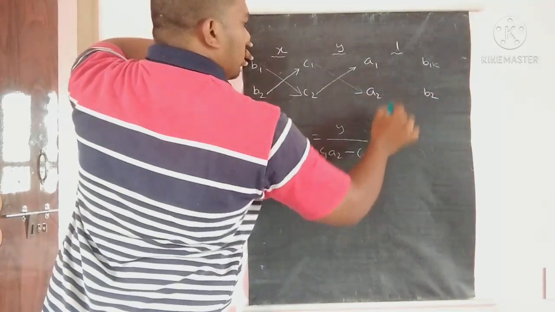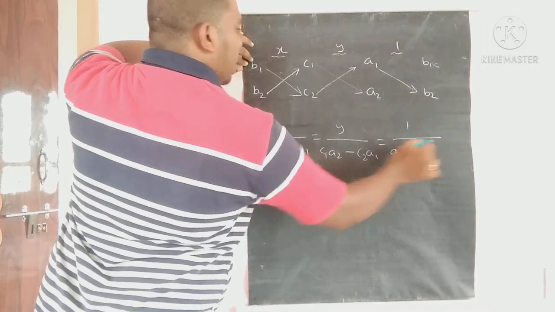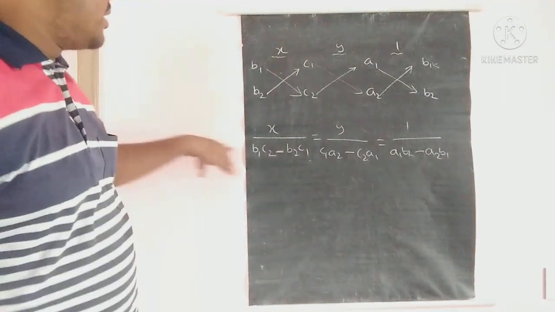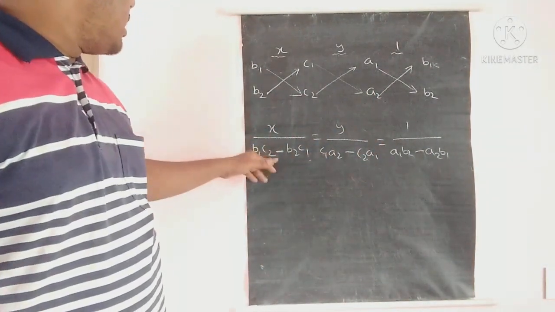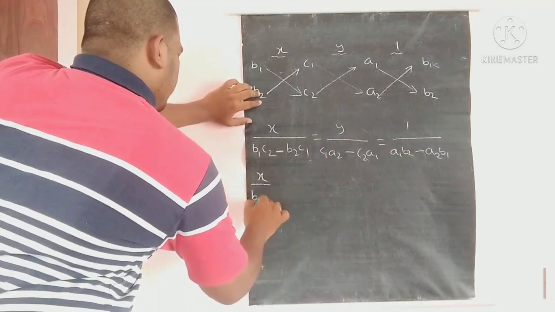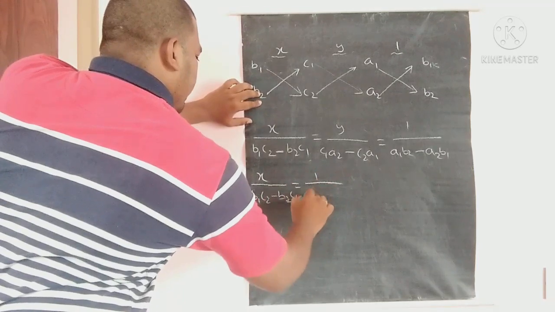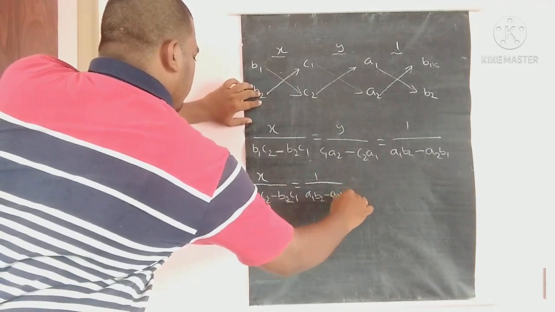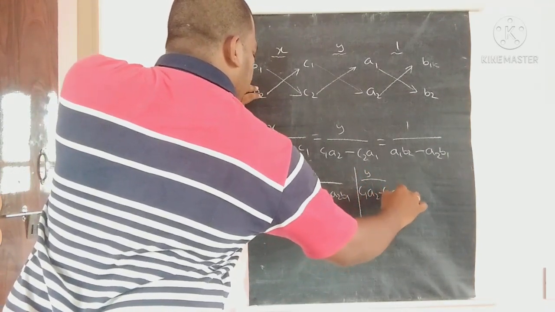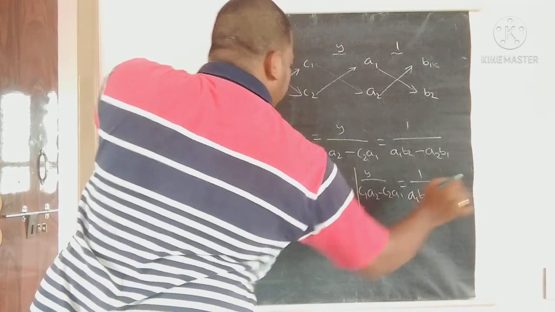equals, now 1 by A1 B2 minus A2 B1. As they are all equal, we can write x by B1 C2 minus B2 C1 equals 1 by A1 B2 minus A2 B1, and y by C1 A2 minus C2 A1 equals 1 by A1 B2 minus A2 B1.